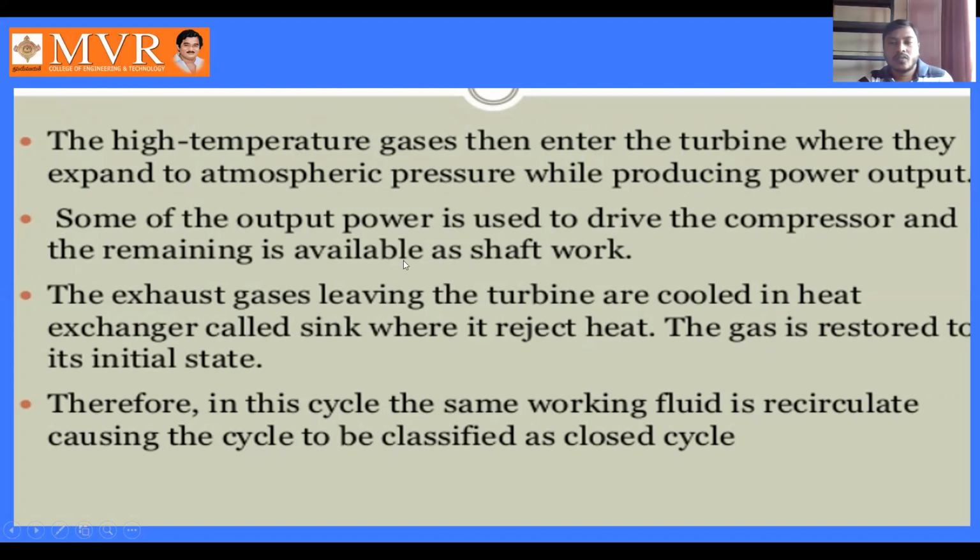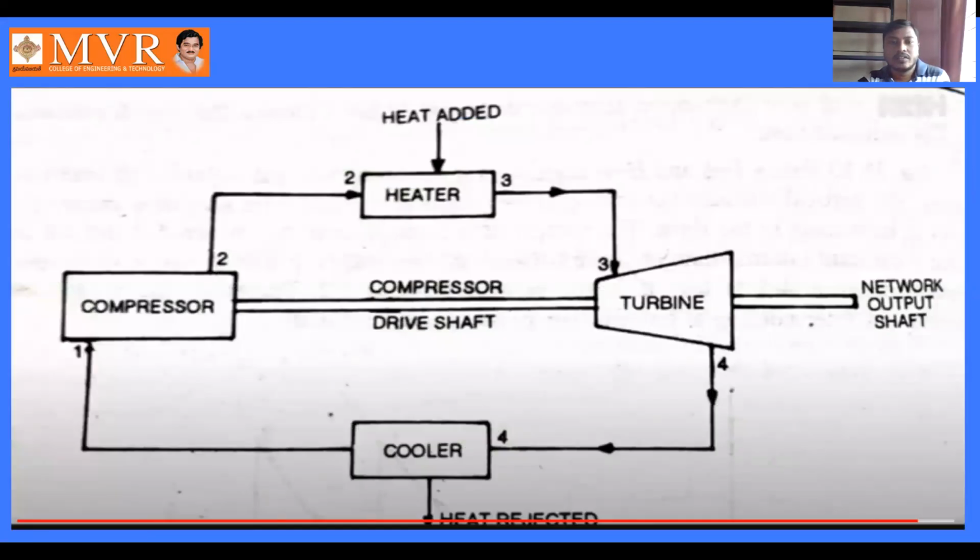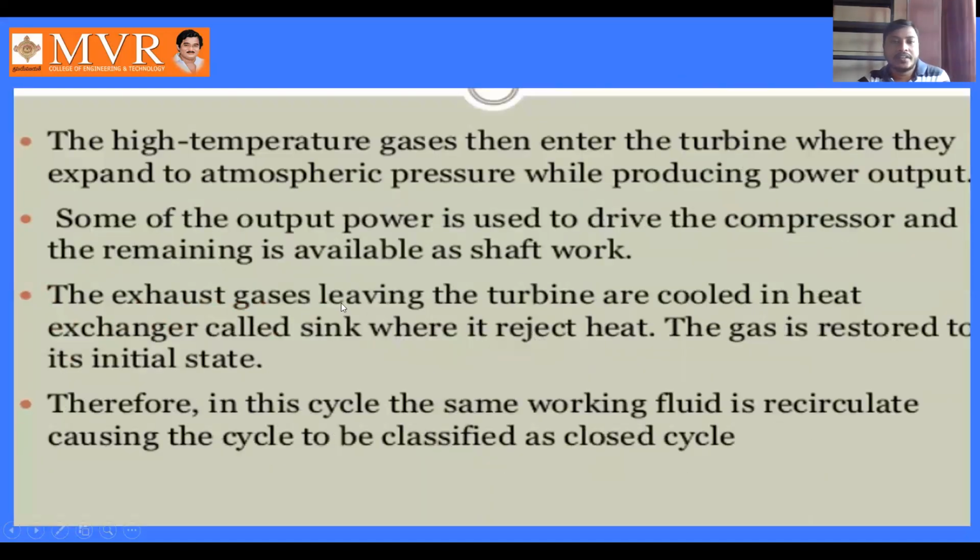The shaft is connected from the turbine to the compressor. The work output is somewhat used to drive the compressor, and the remaining we are using as shaft work.